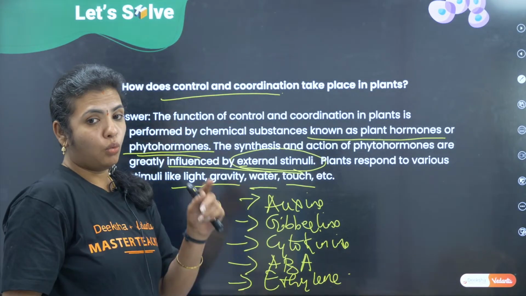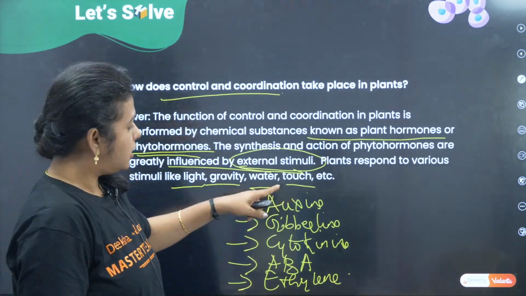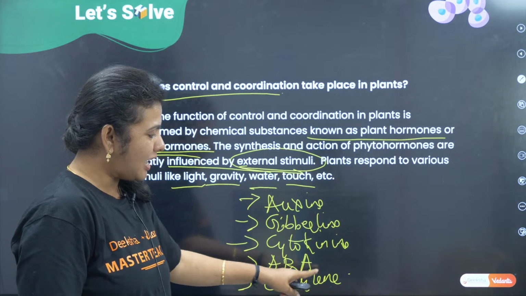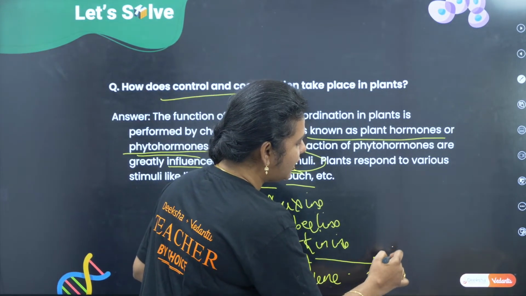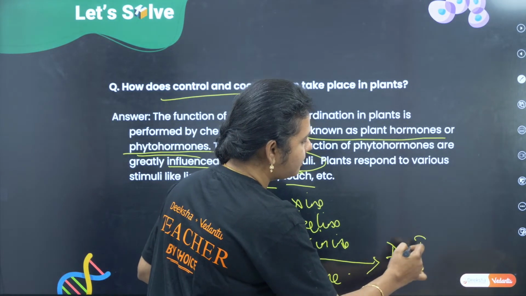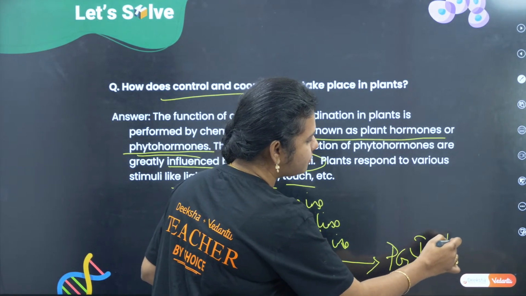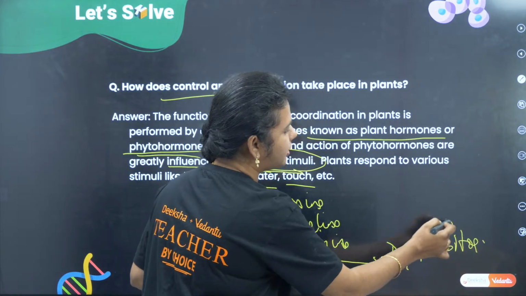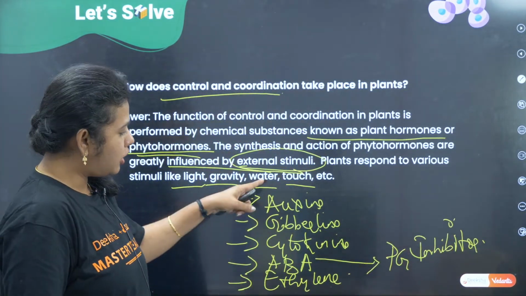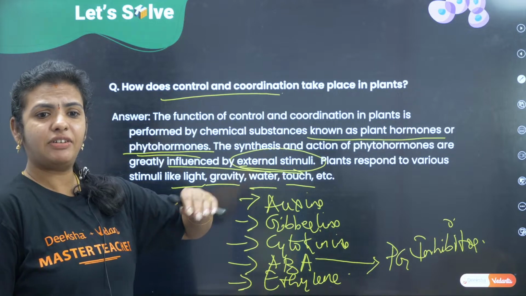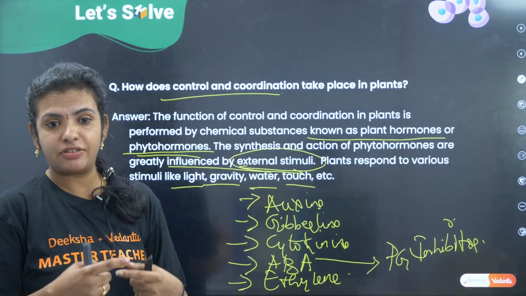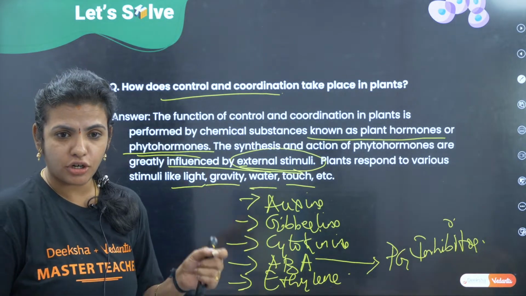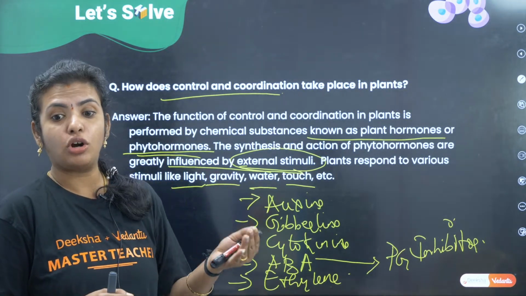Okay. What are you going to remember, children? All of this except abscisic acid. So, abscisic acid is a plant growth inhibitor. Okay. PGI, plant growth inhibitor. Okay. All of these are promoters. Either it will increase the growth of the stem, it will increase the cell division process, it will cause elongation of the root, it will promote good things.